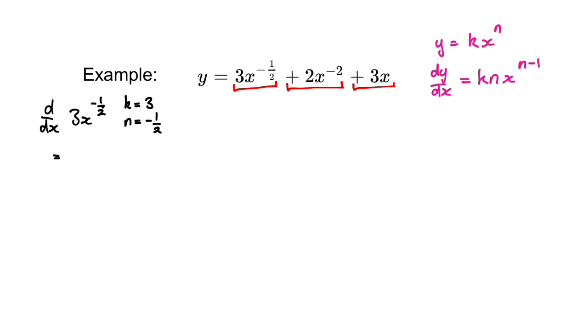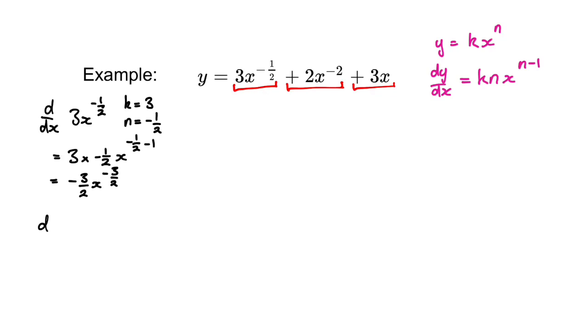And we end up with 3 times negative a half x to the power of minus a half minus 1, which is going to give 3 times minus a half is going to give us minus 3 on 2 x. Now minus a half minus 1 is going to give us minus 3 on 2. And that solves for the first part of our function.